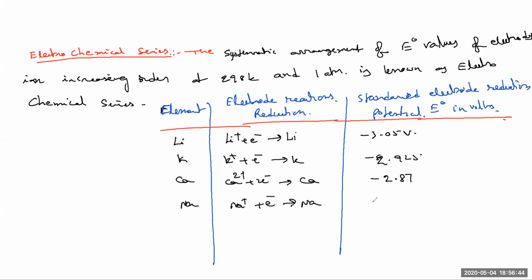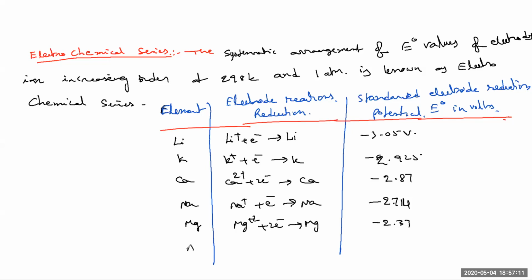The E naught value is minus 2.71 volts. Next, magnesium. Mg2 plus 2 electrons becomes Mg. Minus 2.37.